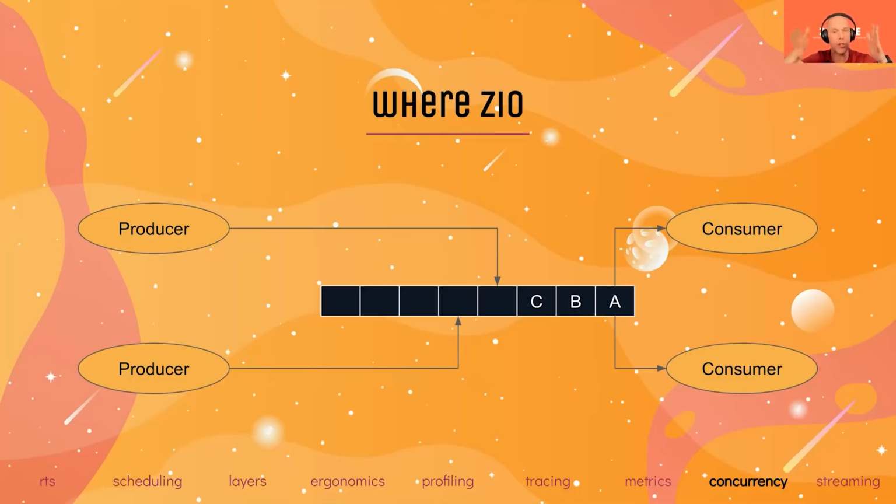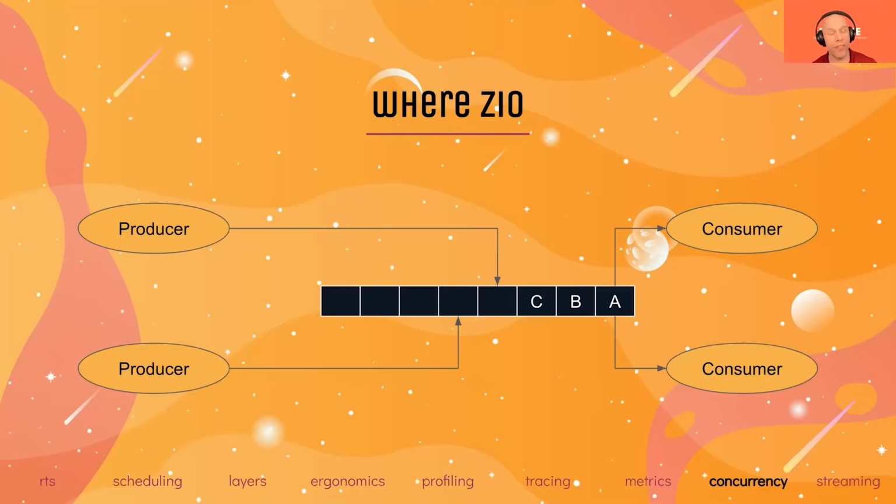And then the slowest consumer, actually there are lots of different strategies, but in the back pressure default strategy, when the slowest consumer reads from an element, then producers are allowed to write into it. That's how that works. Although there are other strategies like sliding and dropping and so forth that you can choose.